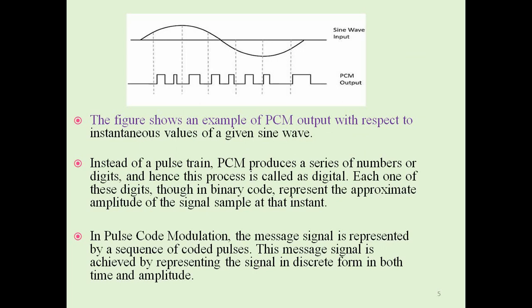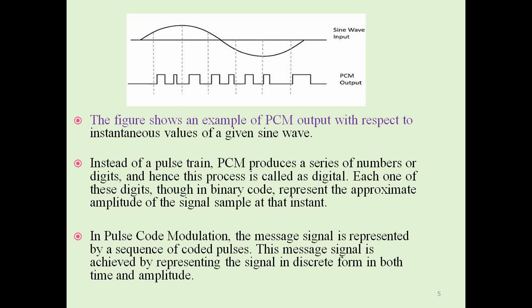From this figure we understand how to convert a sine wave to the PCM output. This is an example of the PCM output with respect to the instantaneous value of the given sine wave.